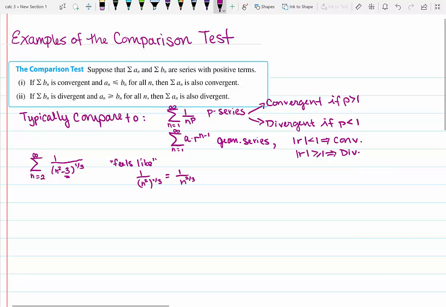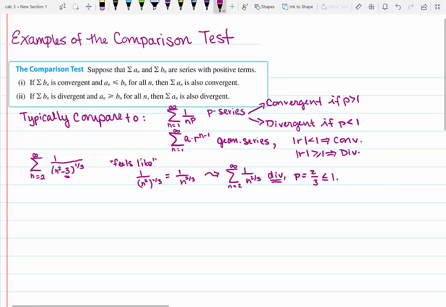So the first thing I do when I notice that is I think about this. This is a p-series. We know that the p-series of 1 over n to the 2/3 power, if I were to do that sum, that would be divergent because the p-value 2/3 is less than or equal to 1, and we know the power has to be greater than 1 for us to have convergence.